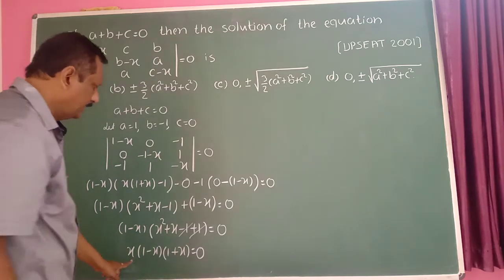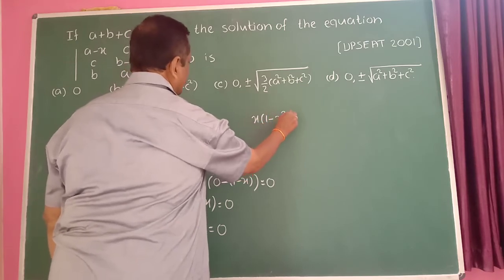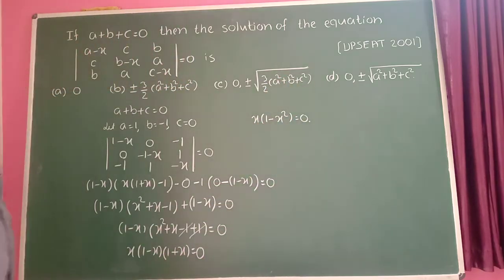Therefore x into 1 minus x squared is equal to 0.